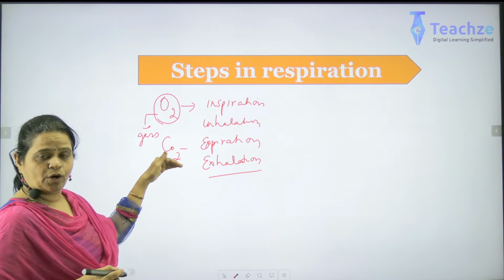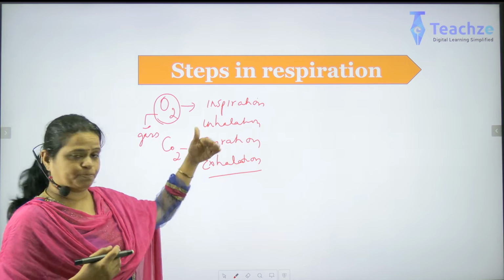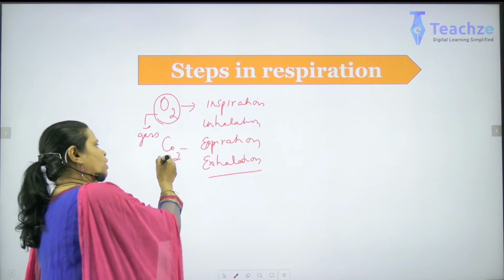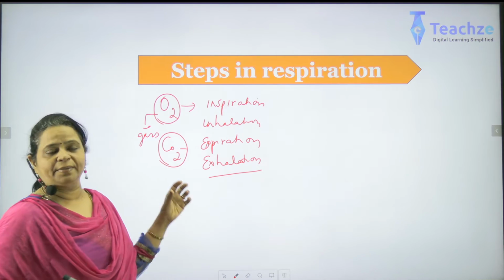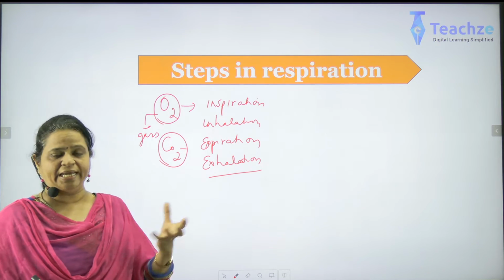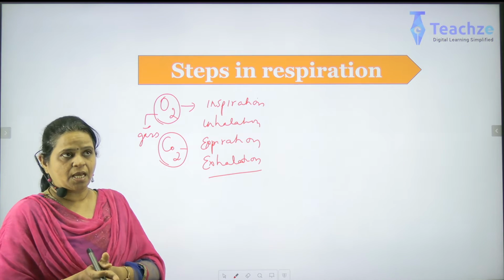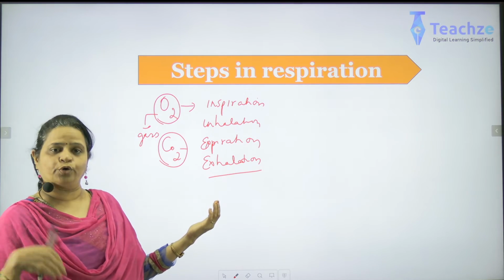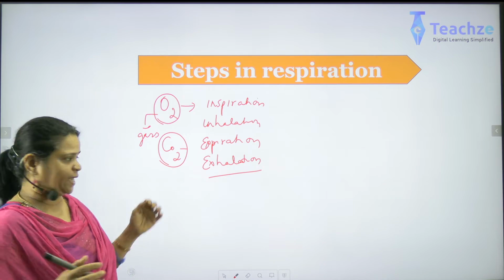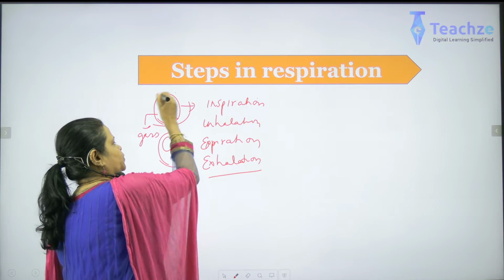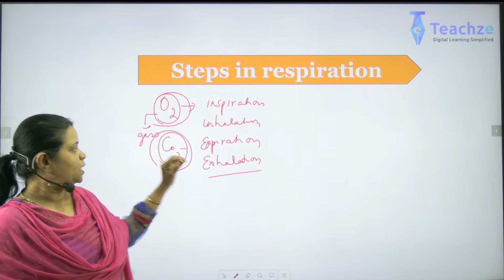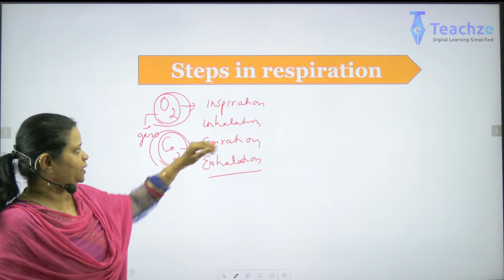In expiration, we give out carbon dioxide, but along with it a little bit of oxygen is also released. Since the amounts vary, we take in more oxygen and breathe out more carbon dioxide, we say that these two gases are present during inspiration and expiration. So remember, these two are the important steps.